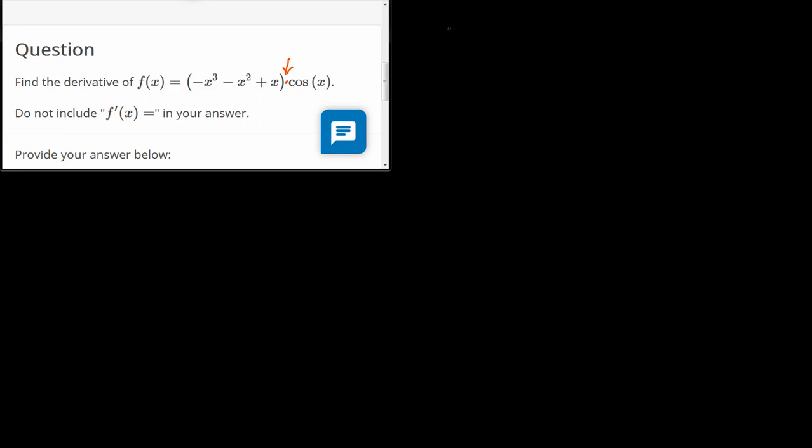This is definitely going to be a job for the product rule. And along the way, we're going to have to find the derivative of trig functions. So remember the way you do the product rule. The way I think about the product rule is you've got a first function, and in this case, that looks like negative x cubed minus x squared plus x, and then you've got a second function.